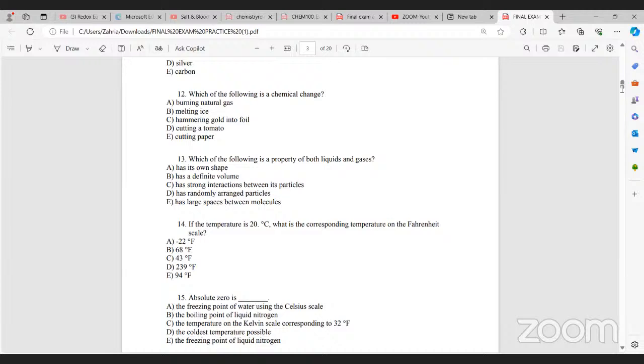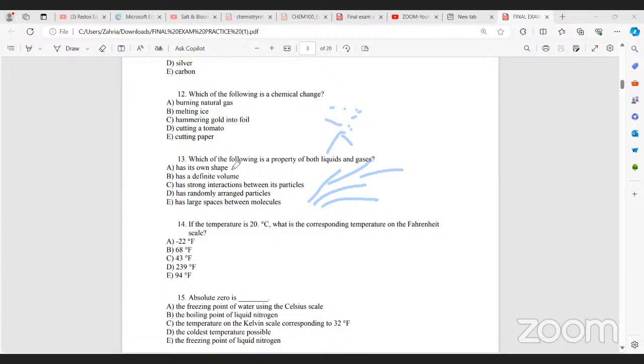Number 13. Which of the following is a property of both liquids and gases? All right, you got to know what properties are for liquids and gases. If I spill my tea, spill my water, it's just going to disperse in its own direction, wherever it wants to go. If I spray some gas, it's going to disperse anywhere it wants to go. So in other words, letter D is the answer.